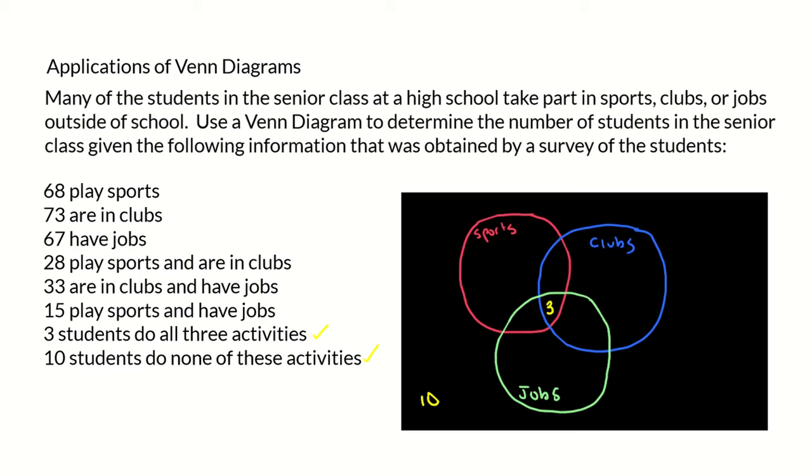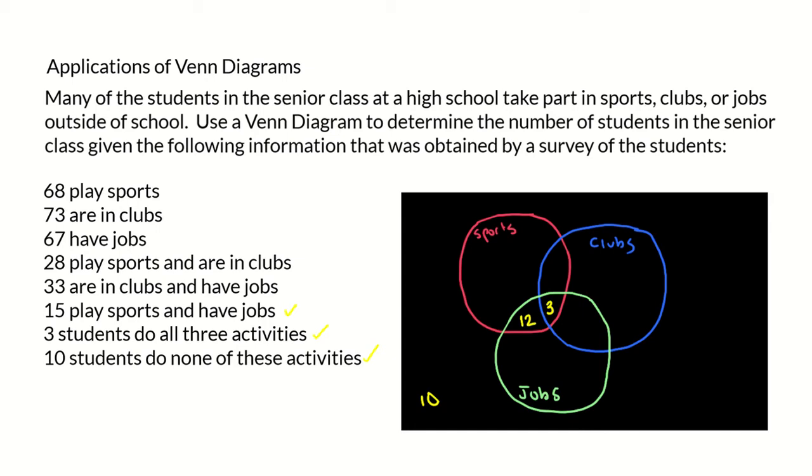So we know that 15 students play sports and have jobs, but 3 of those are already accounted for in the center. So those are the students that play sports, have jobs, and are in clubs. So there are 15 minus 3, or 12 students that only play sports and jobs, but are not in clubs.